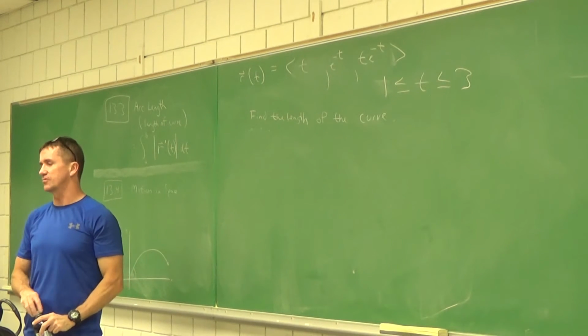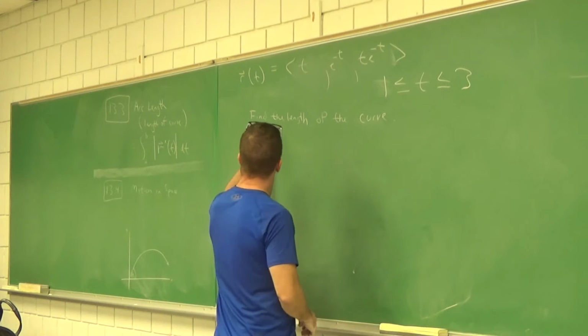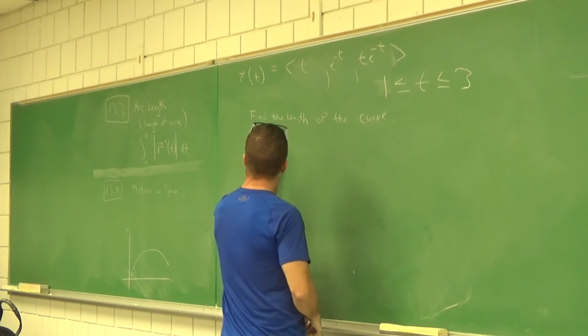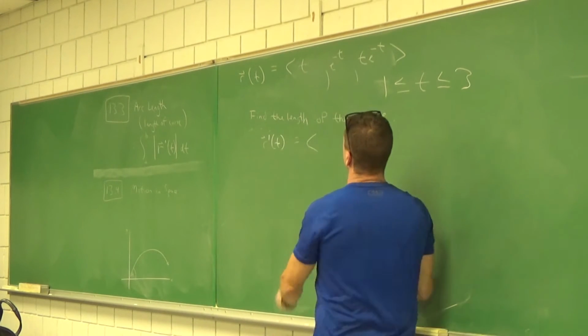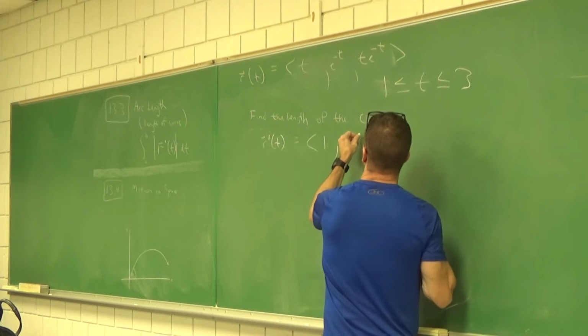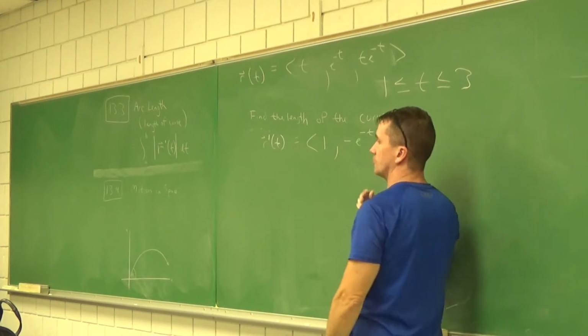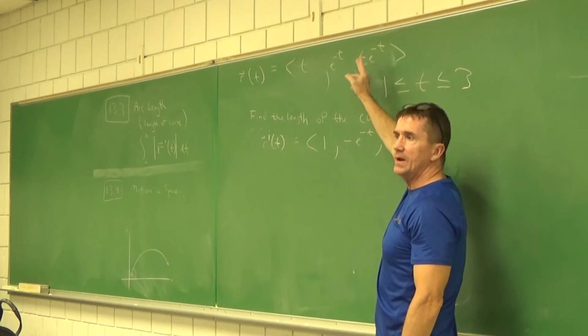Just be careful with those derivatives, right? What's our prime? What's that derivative? 1, negative e to the power negative t. Chain rule, right? What rule do you need? Product. We need product rule.